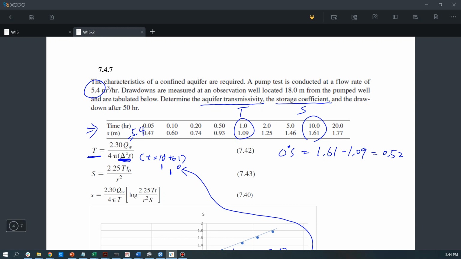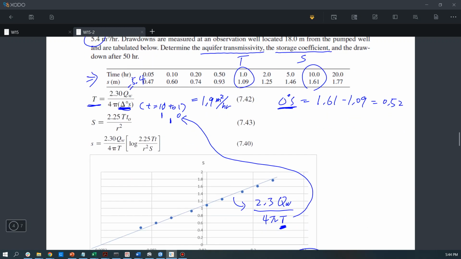So you plug these values back into this equation, and you get the transmissivity is equal to 1.9 square meter per hour.